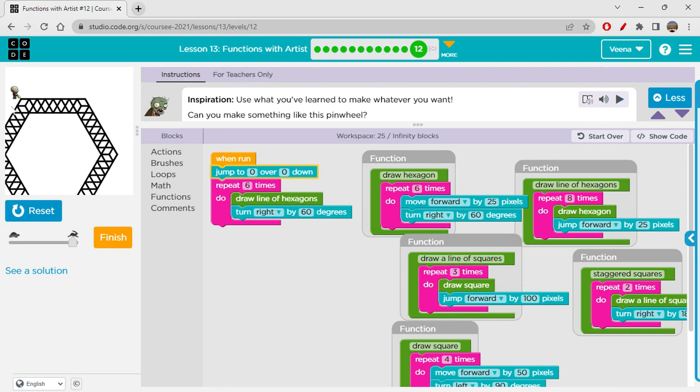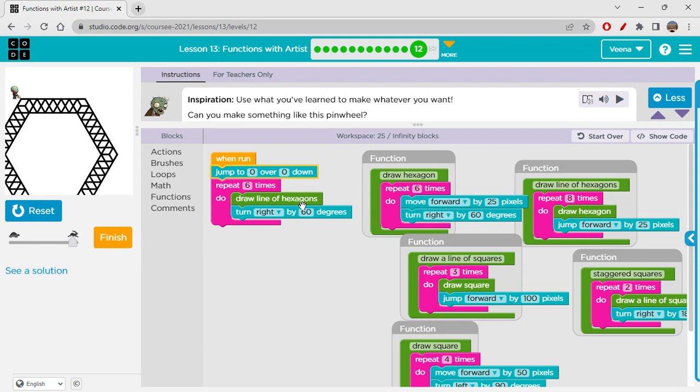I just wanted to do something like so. If he draws one line, then he's not turning and he's drawing another line, so it becomes big, or we can do something like this.